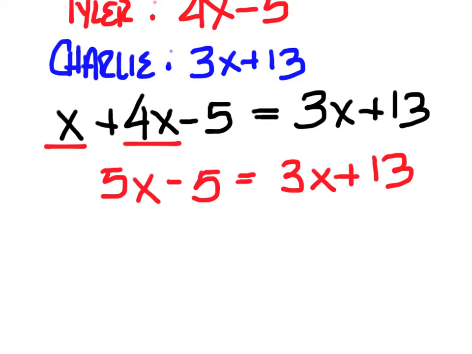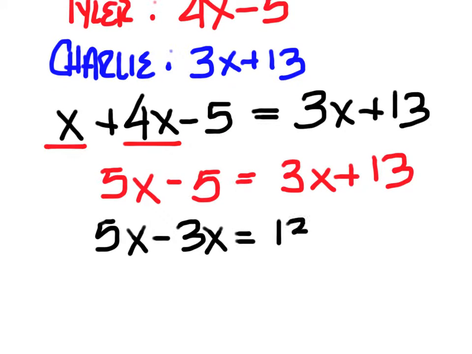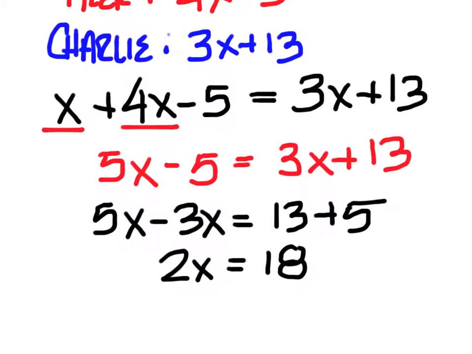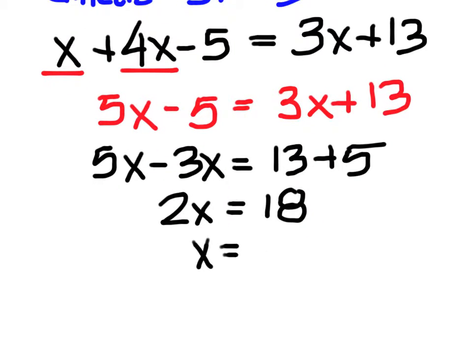Now you can solve it. Move the 3x to the left, change the sign, and move the minus 5 to the right, change the sign. 2x equals 18. Divide 18 by 2 and come up with 9.